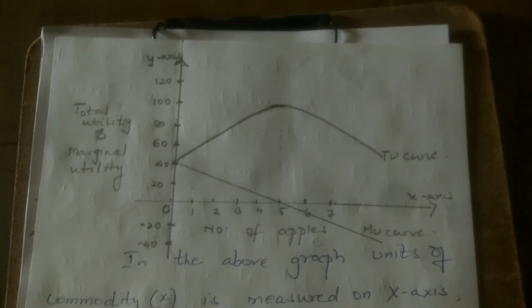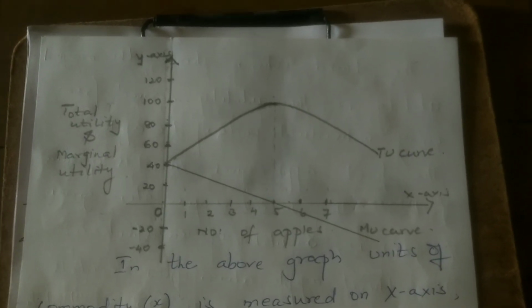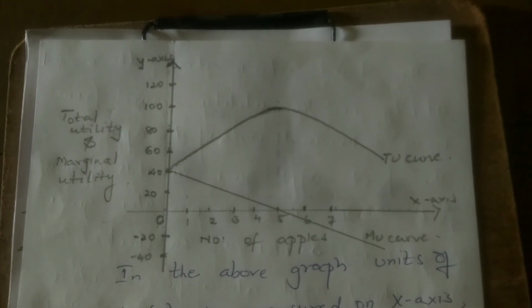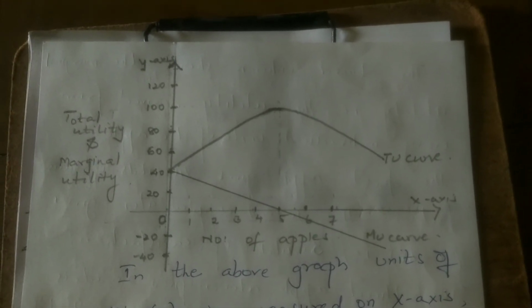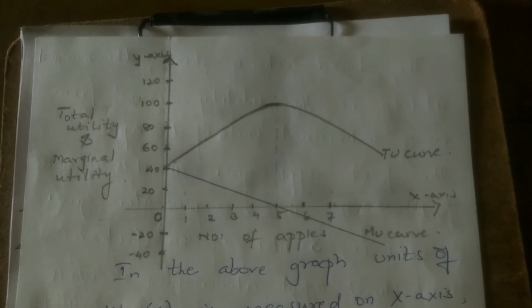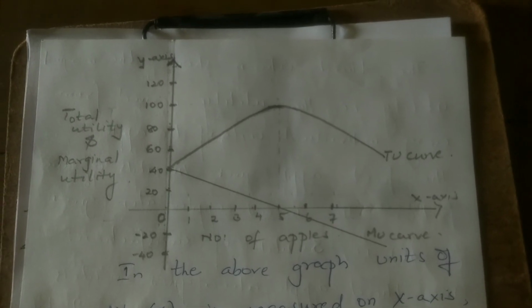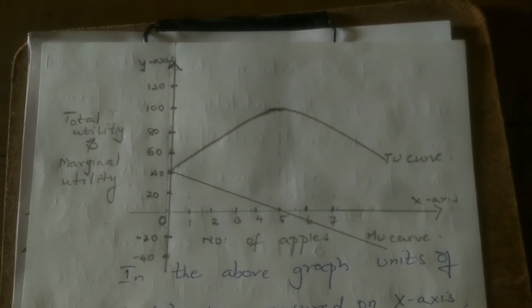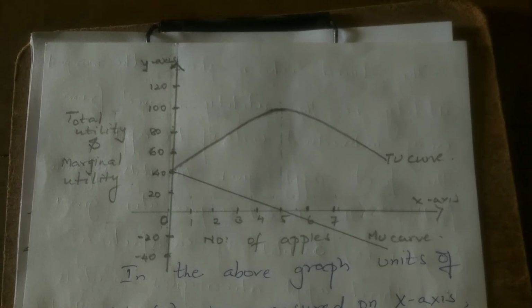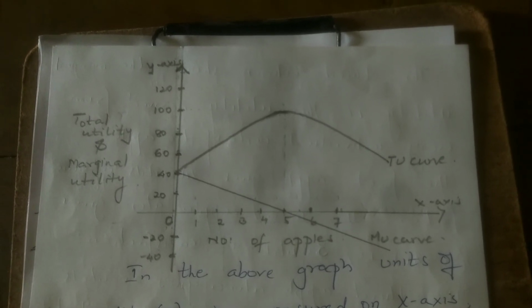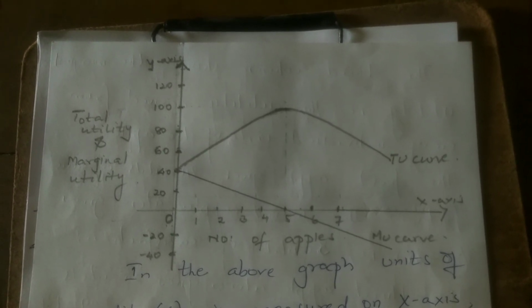Now, the table we depict on a graph. In the graph, you see that utility is measured on the y-axis and number of apples on the x-axis. TU curve is the total utility curve, which is upward sloping, and MU curve is the marginal utility curve, which is downward sloping.